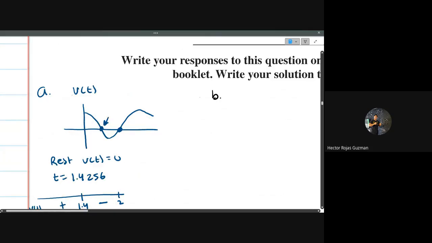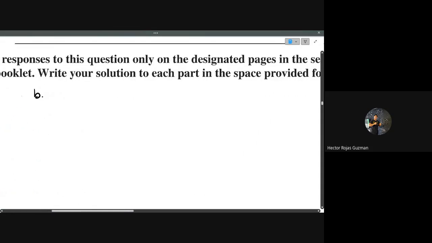Part B. I'm not going to be scrolling up and down because I don't want to mess with my zoom window. Then it gets all glitchy. It says find the acceleration of the particle at 1.5. Is the speed of the particle increasing or decreasing? Well, since we're given velocity, all you have to do is find the acceleration. You can show a couple of different things.